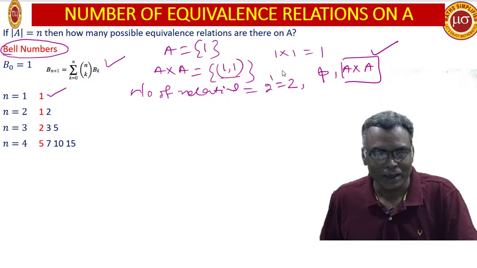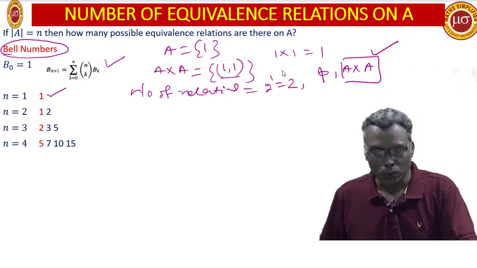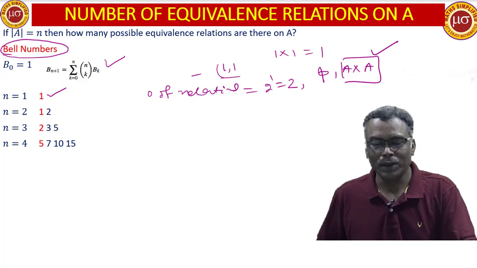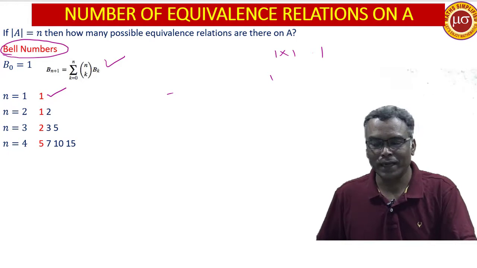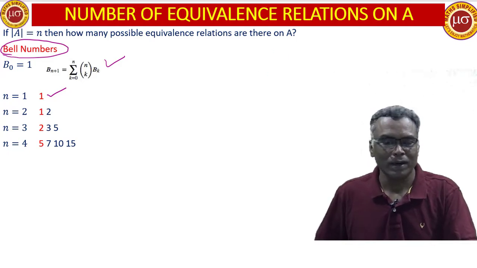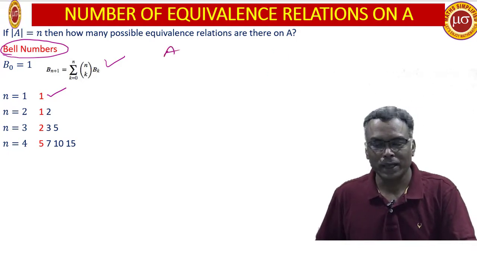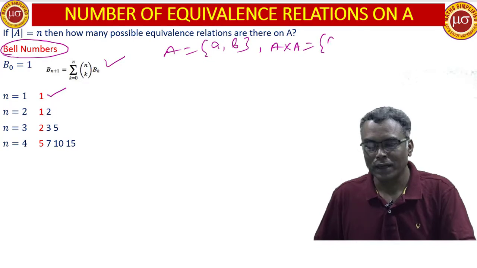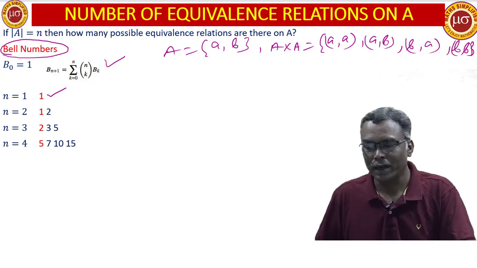Now let us see, if the number of elements is 2, how many equivalence relations will there be? Let me take one example. Take the elements of A as a and b. What is your A cross A? It is nothing but aa, ab, ba, bb.